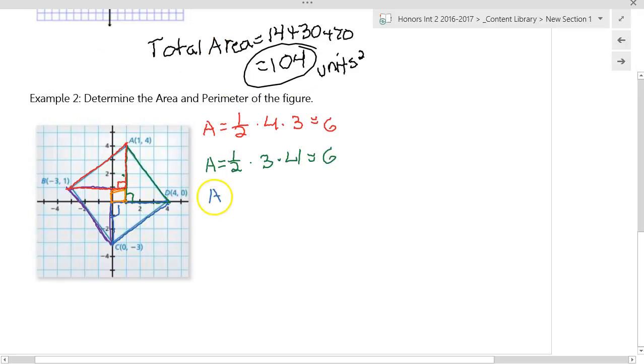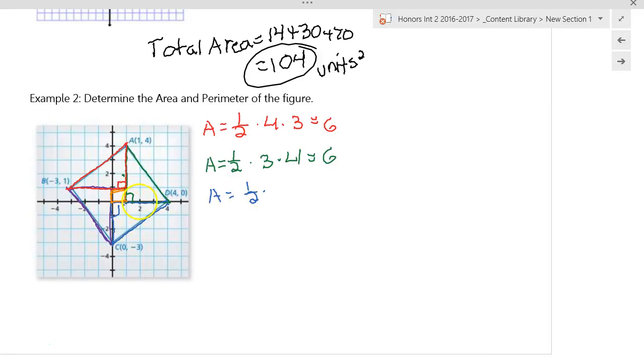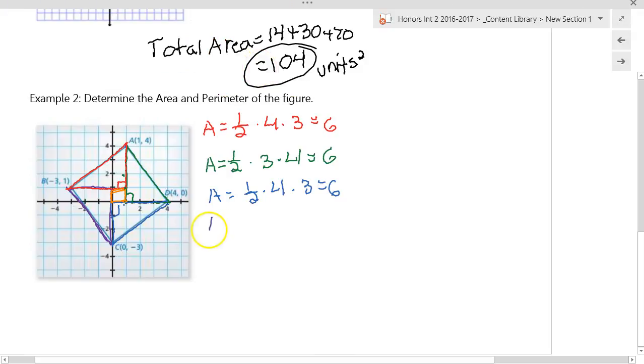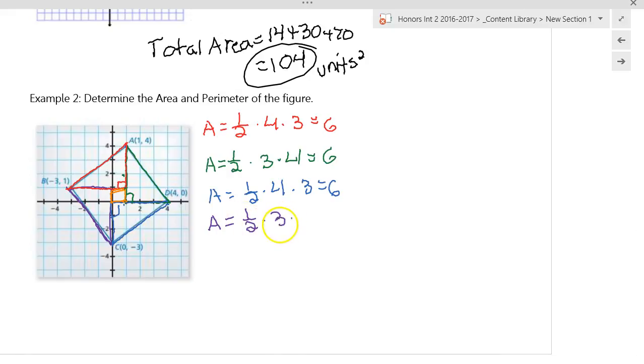The blue triangle, area equals 1/2 times 4 times 3. It won't always happen that they're all the same. This one is just a nice example where they do. Equals 6.